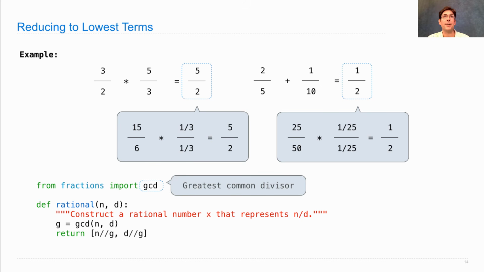Okay, so we computed the greatest common divisor. We changed the constructor. We don't have to make any changes to add_rational or mul_rational or print or anything like that because we've been using data abstraction, which means that everything was defined in terms of this constructor. So changing this constructor changes the behavior of all the other functions as well. And that's a good thing.